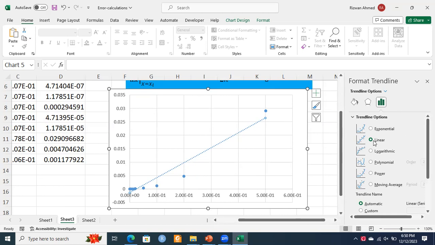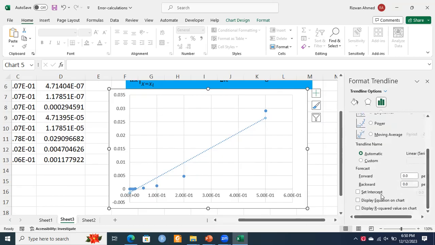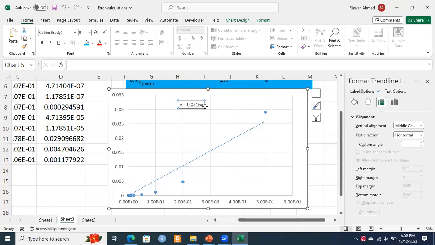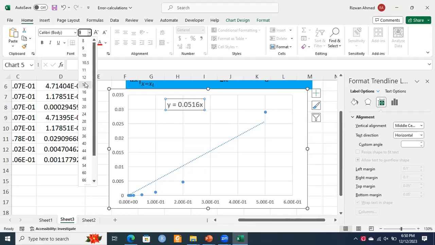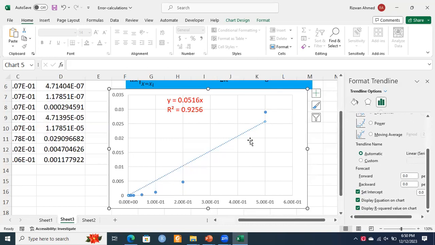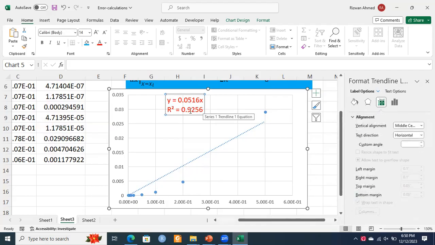For example, linear has been selected by default, and we can set the intercept to 0, and we can display the equation on the chart. And to see how good the fit is, we can set the r squared value, and if the r squared value is close to 1, it means it's a reasonable approximation for the data.